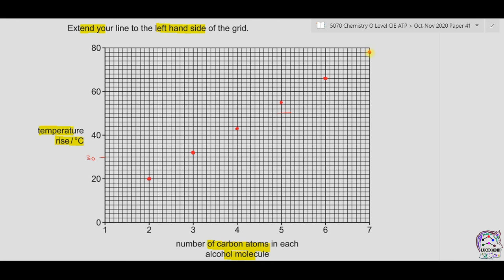So it comes at this point. Now we have plotted all the points and we have to draw a straight line of best fit. Now we have drawn the line. As we can see that it connects all the points. And we also have extended the line to the left so that it touches this temperature rise.